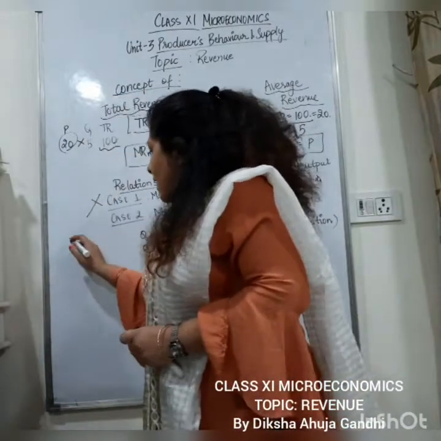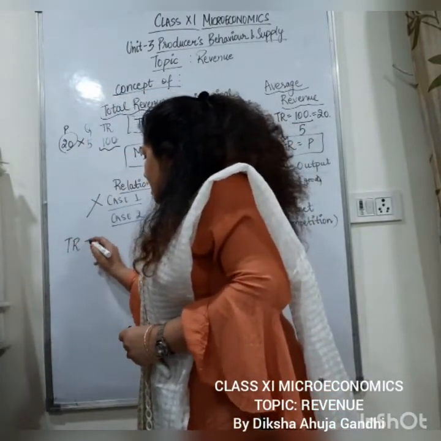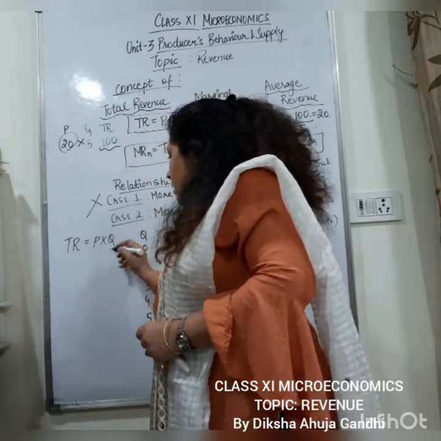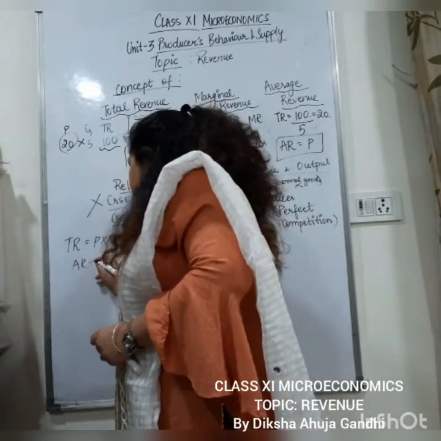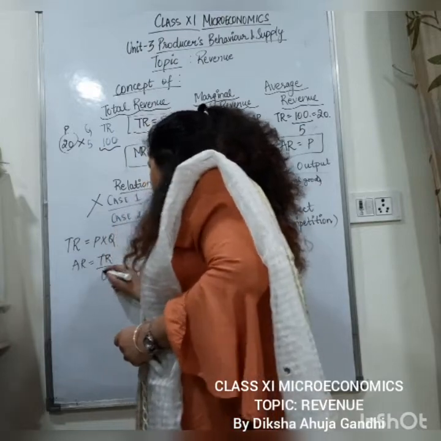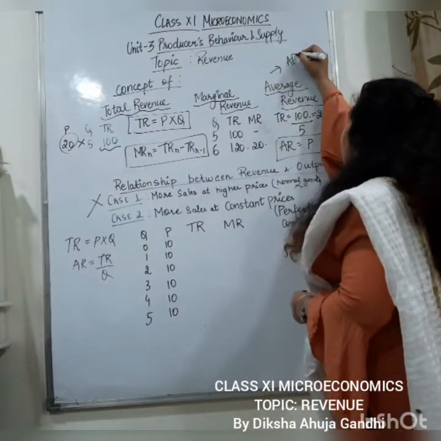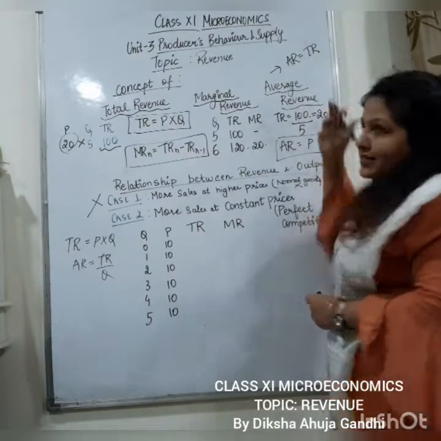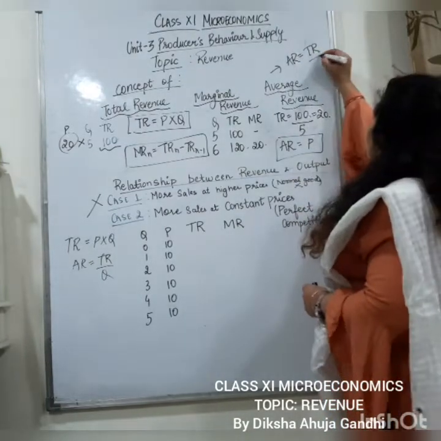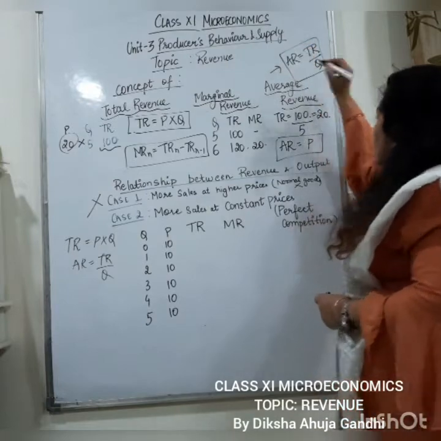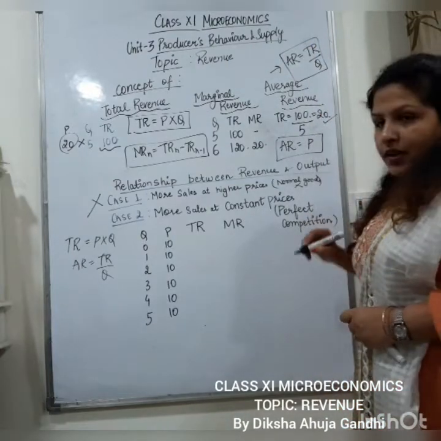We know that TR is equal to P into Q and AR is TR upon Q. Average revenue is total revenue, that is the total sales which I have got, divided by the output, so that I get the per unit figure, right?